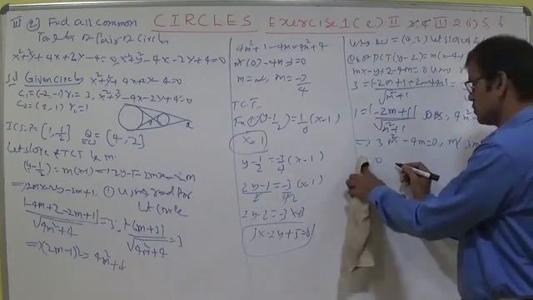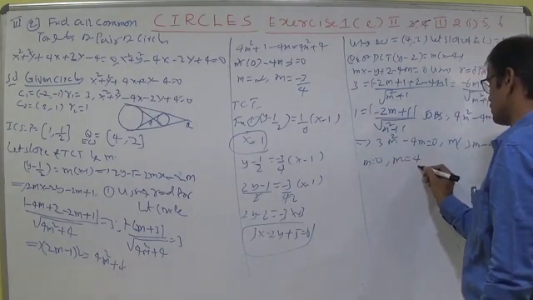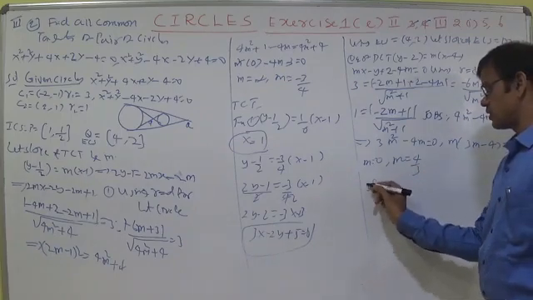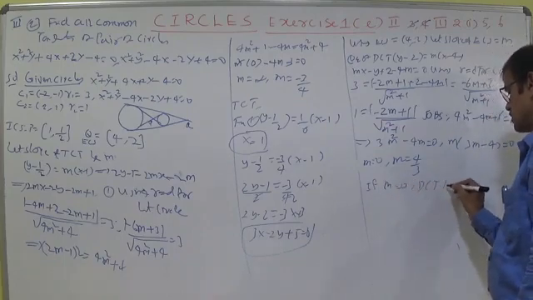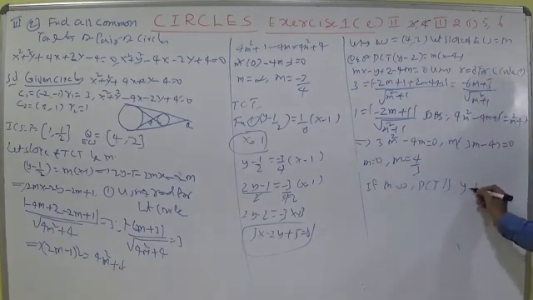So m is equal to 0 in the first case, and m is equal to 4 by 3 in the second case. If m is equal to 0, substituting in this, the tangent is y minus 2 equal to 0, that's all.